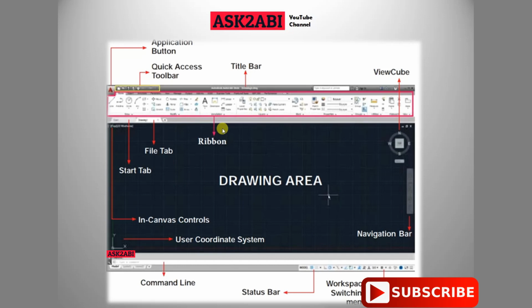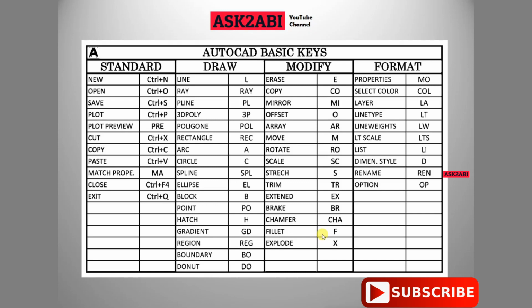Next we are going to see AutoCAD basic shortcut keys. For a new file we can use Ctrl plus N. To open a previous project we can use Ctrl plus O. We can save the file by pressing Ctrl plus S. We can plot the file using Ctrl P. You can preview the file using the PRE command, enter.